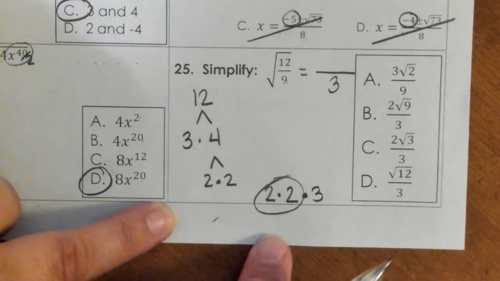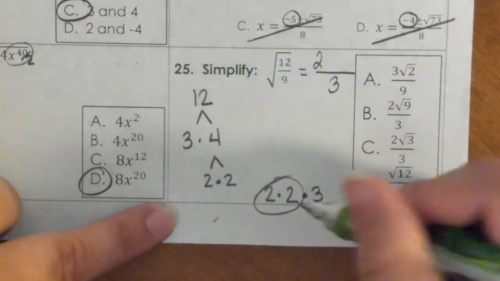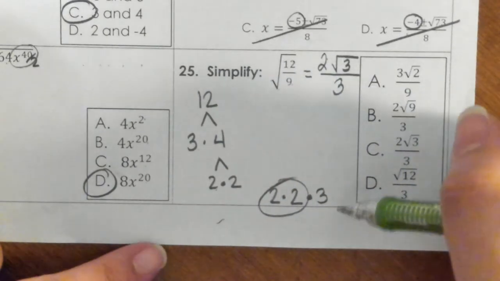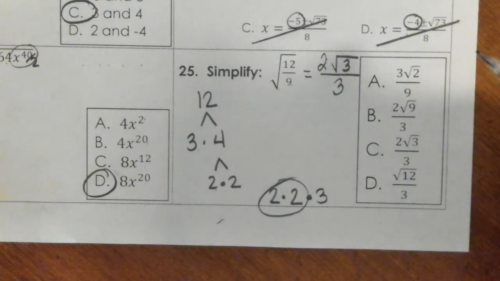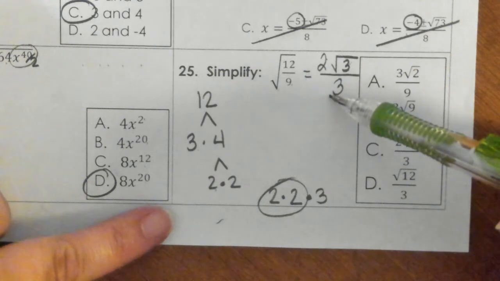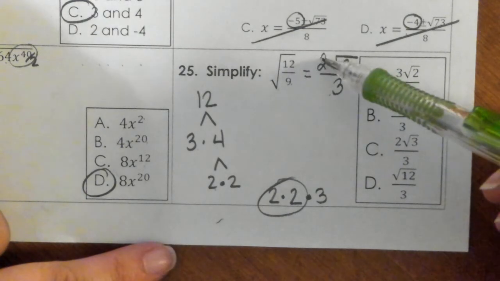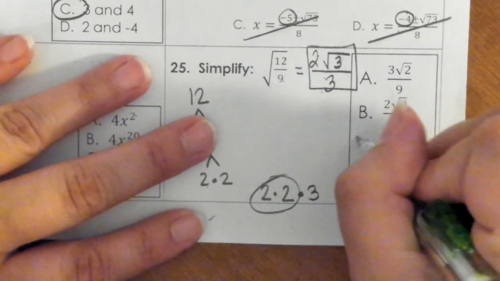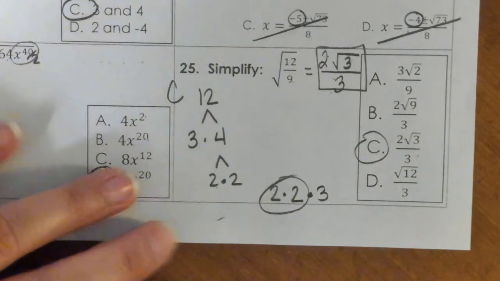With a pair of 2's. So 2 on the outside, a leftover 3 on the inside. I can't simplify these because that's in a radical and that is not in a radical. 2 and 3 can't reduce, so this is my answer. So this would match to C.